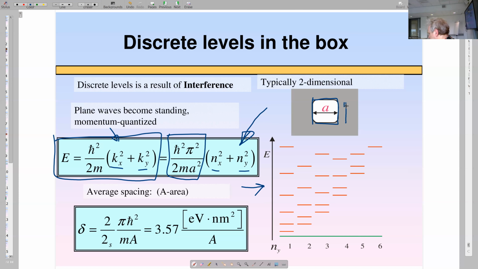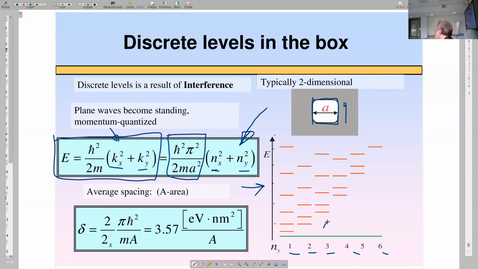What we can see, it's good to plot the spectrum as a series. So for each series I fixed an ny, and I plotted for different nx, increasing in this direction. So you see that in each series, higher levels come with bigger and bigger spacing, but simultaneously other series start there.